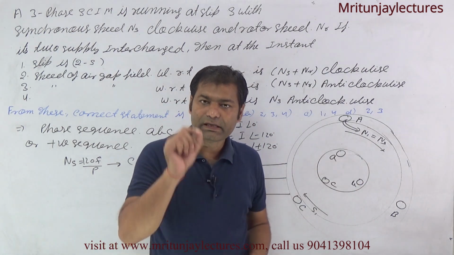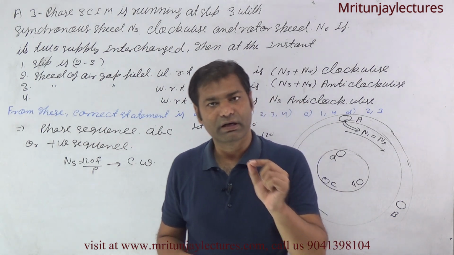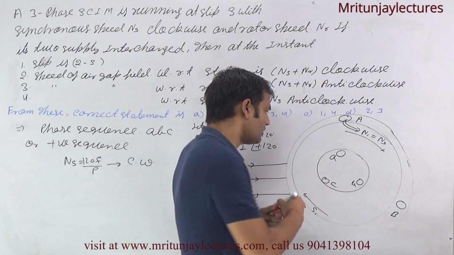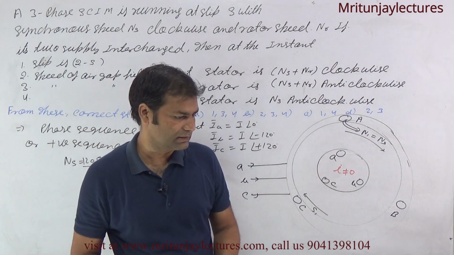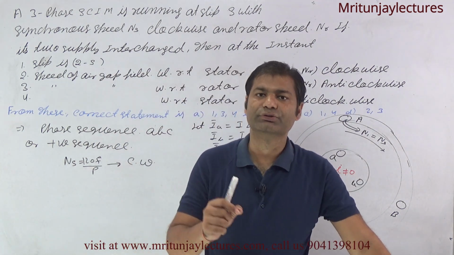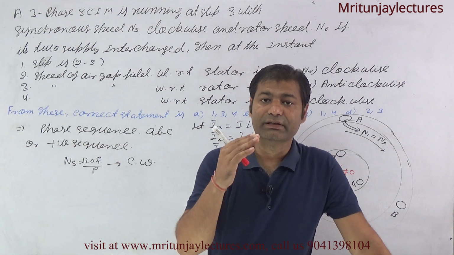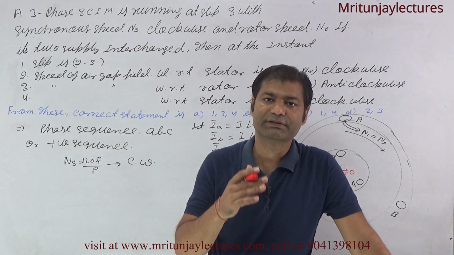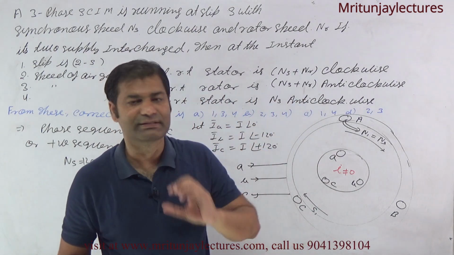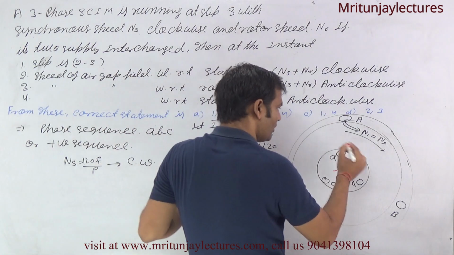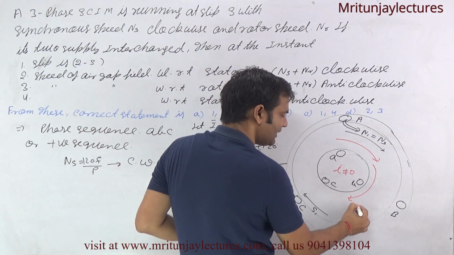That's why the induced current in the rotor conductor always opposes the relative motion. Oppose means the relative speed decreases. It is only possible if the rotor rotates in the direction of the stator field like this one.